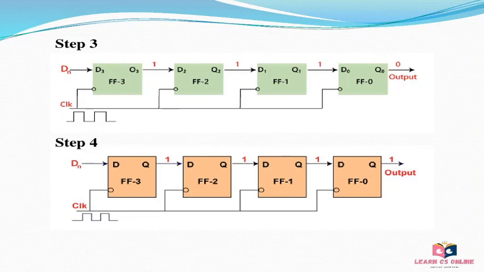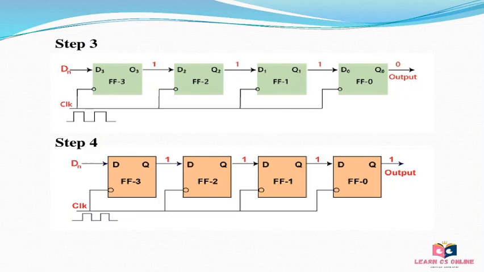Step number 4. For the next clock pulse, the output of the flip-flop F1 is given as the input to the next flip-flop F0. Output of F2 is given as input to F1, F3 to F2, and the next bit of the binary number, that is 1, is passed to the data input D3.